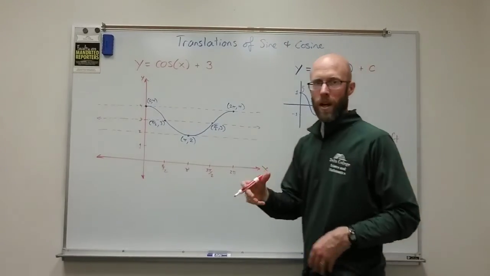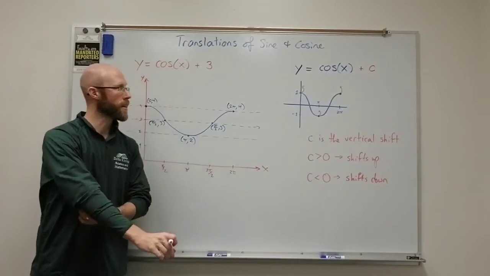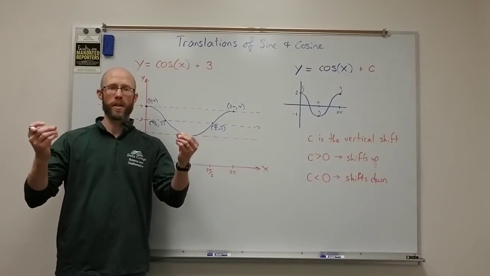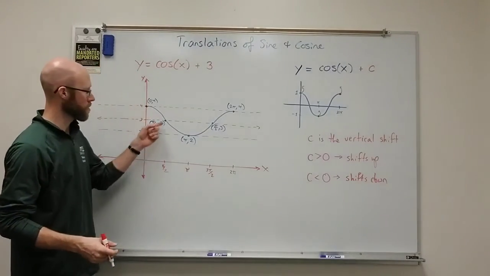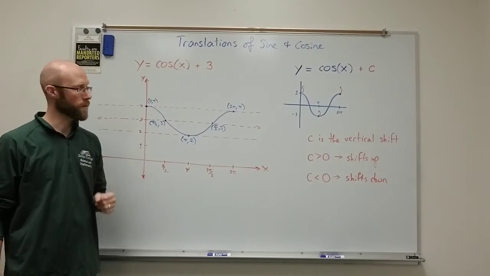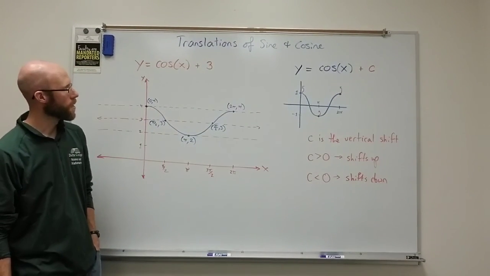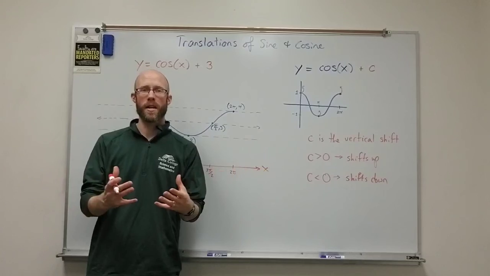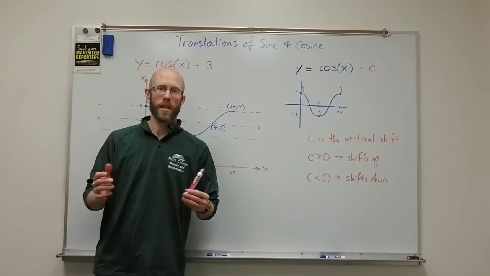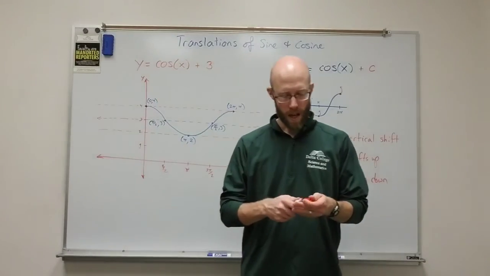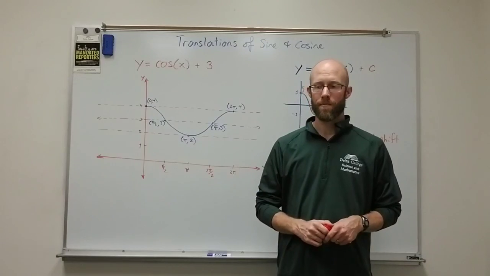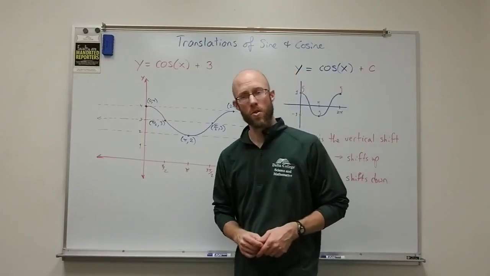That constant that's being added on the end will always give you a shift. It will shift every point the same. The maxes, the mins, the intercepts, everything shifts the same unit vertically. Now we can really put all of these ideas together: the phase shift, the vertical shift, the period and the amplitude, the reflections, and look at a graph that has all of those sorts of transformations associated with them.